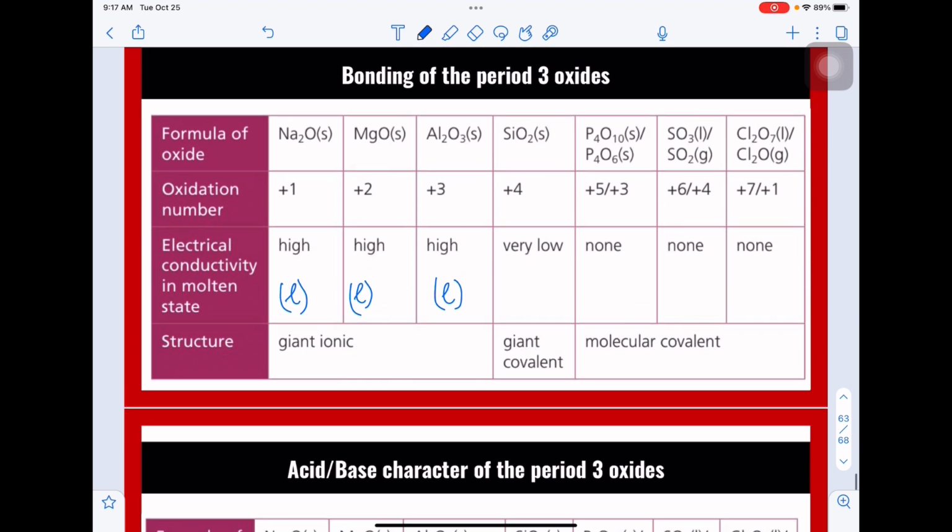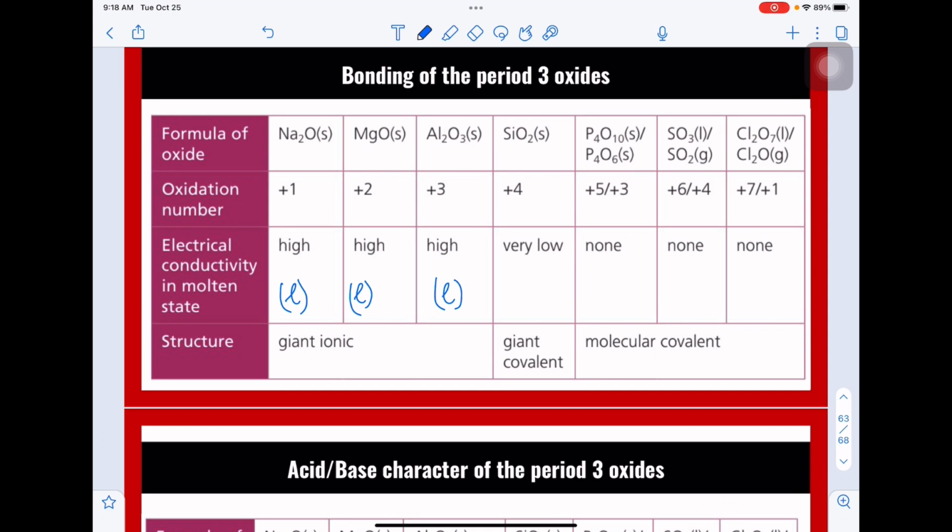But molten is not dissolved, it's melted. Like you heat them up so high that they melt. Imagine salt at home, and you put it under fire until it melts into a liquid. That's what molten means. Okay, so the 3 metal oxides, they conduct electricity when they are melted.